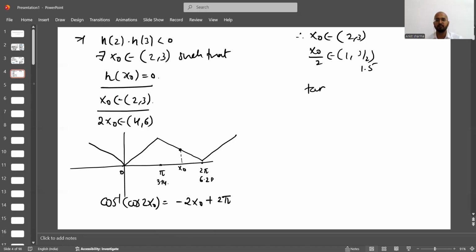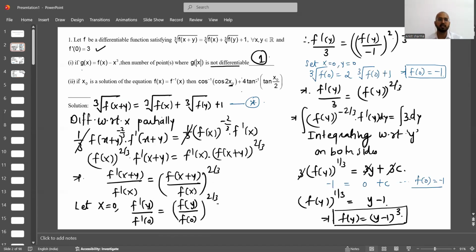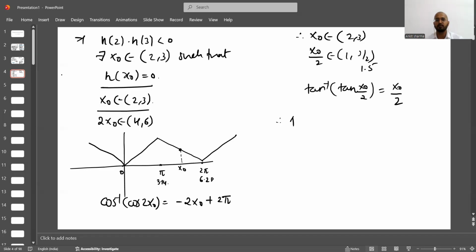So tan inverse of tan of x naught by 2 will be just x naught by 2. So this guy wants 4 times tan inverse of. So therefore, 4 times tan inverse of tan of x naught by 2 will be equal to 2 times x naught.